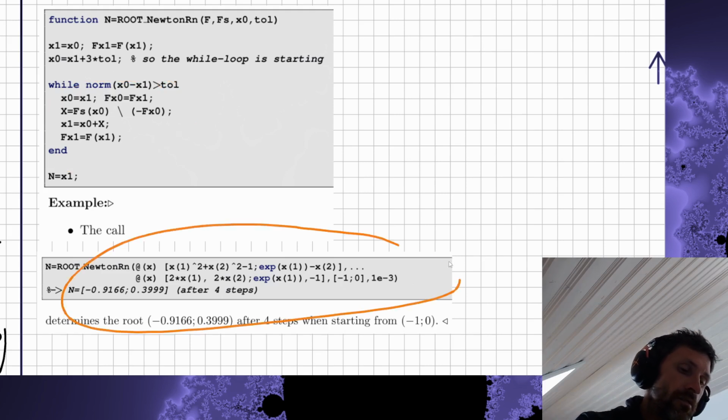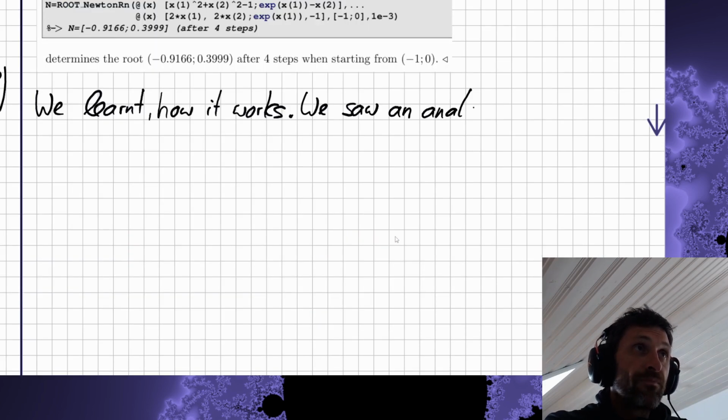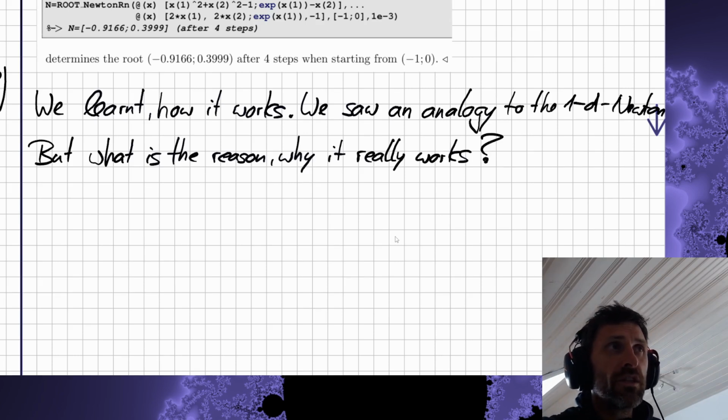And for the MATLAB syntax, you can call this algorithm, this function, with a code like that. Okay, and we saw how it works. We saw two examples, but what is the mathematical reason it really works? I am a mathematician.